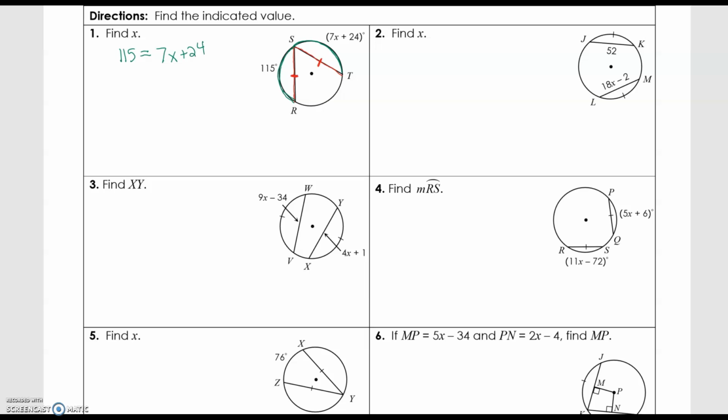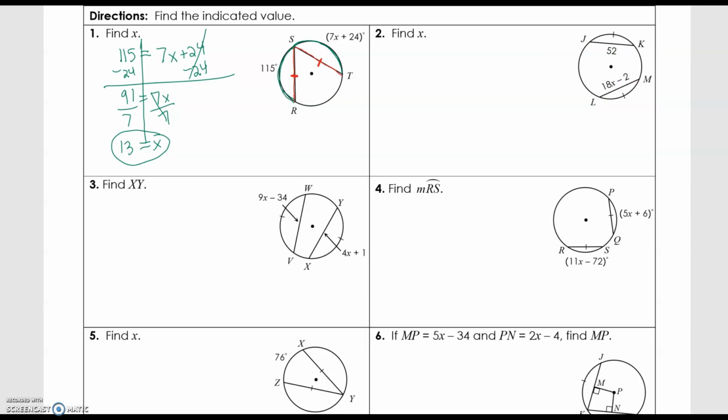Then you draw your line down, you solve it, you get 91 equals 7x, divide by 7, and you get 13 equals x.